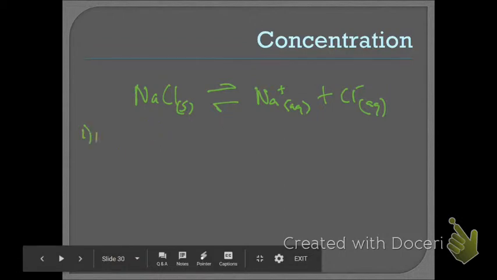Number one, added more NaCl. If I added more NaCl, that would cause more reactants, right? If you think about the seesaw, I'm adding more reactants, so it would tip. So it would be like this, right?